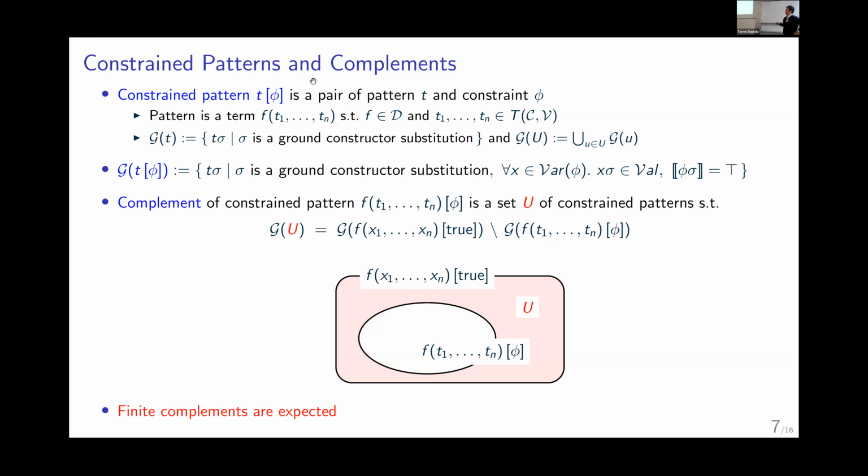So this is a very natural extension to the constraint setting, and the complement of a constraint pattern is a set U of constraint patterns that represent the complement part of this. So this is all ground constructor patterns rooted by F, and this part is defined by this constraint term, and this red area is the complement, and we represent this red area.